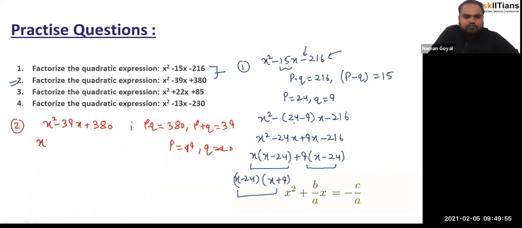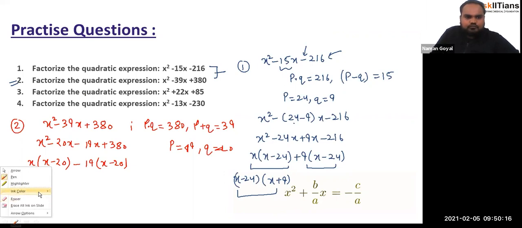So we can write this as x square minus 20x minus 19x plus 380. Now we can take x common, so it gives x into x minus 20, minus 19 common, and it becomes x minus 20 again, right? Now if you see here, x minus 20 is with this x and x minus 20 is also with this 19.